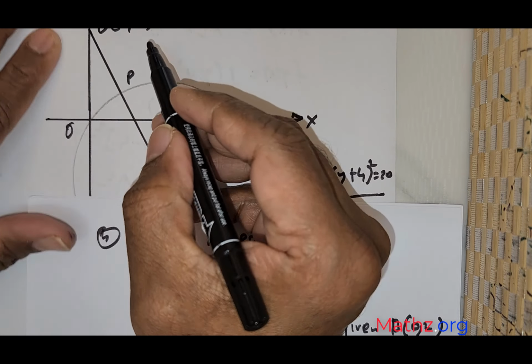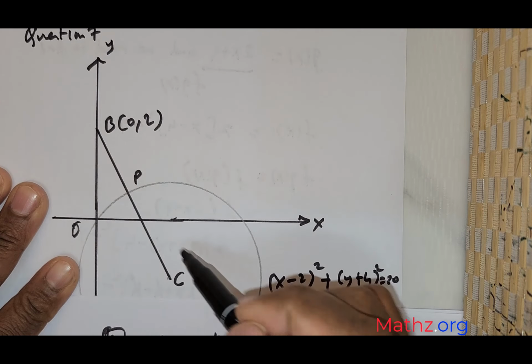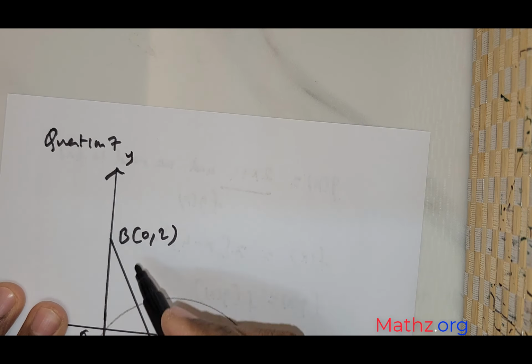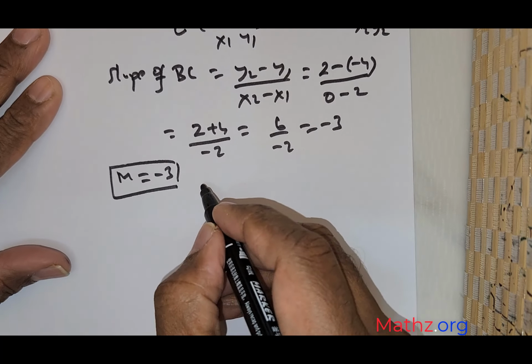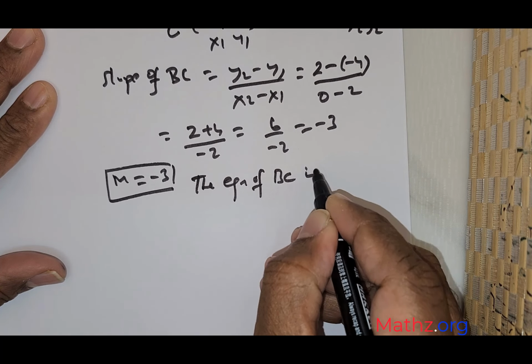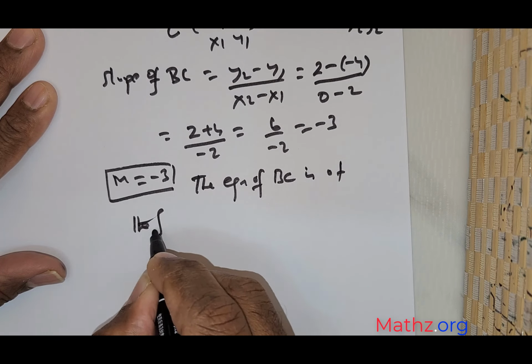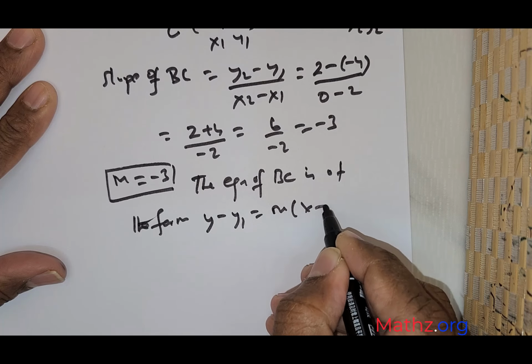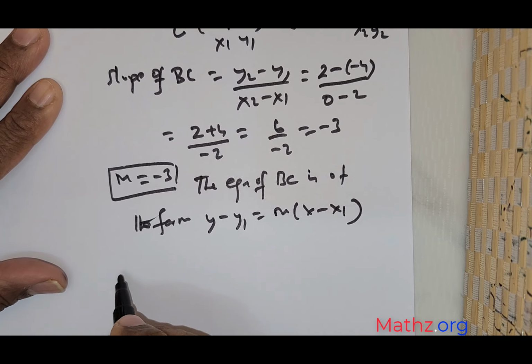Now we are asked to obtain the equation of BC. So the line is passing through (0, 2). The equation of BC is of the form y - y1 = m(x - x1).